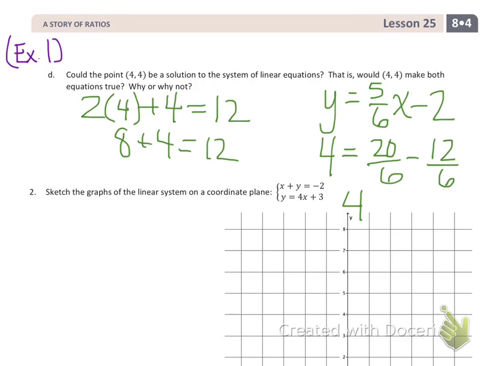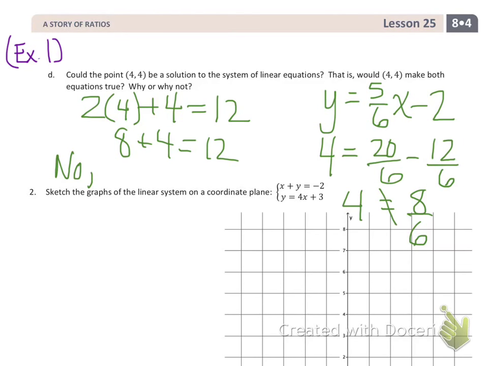So we're asking ourselves, is 4 equal to 8/6? Whoops, 20 minus 12 is 8, we're working with sixths. 4 does not equal 8/6, so it's not a solution to that second equation. So the answer is no.